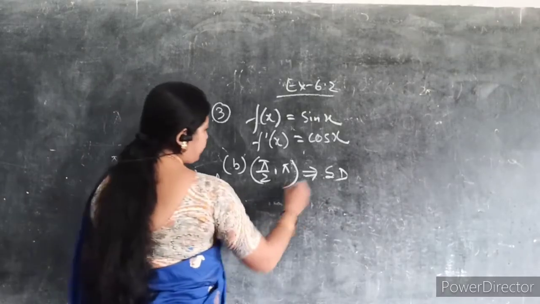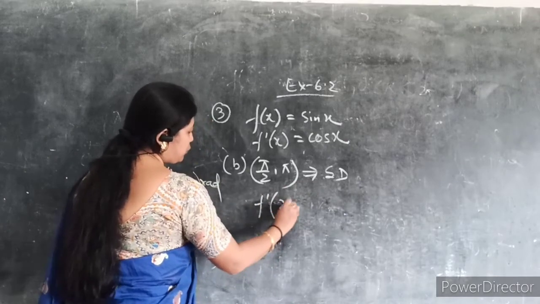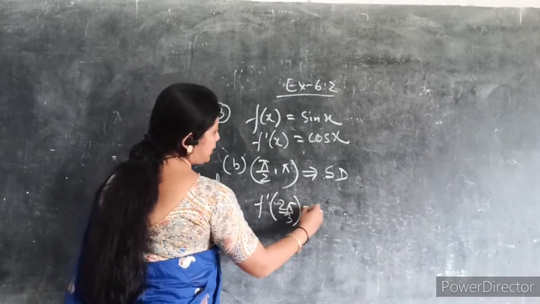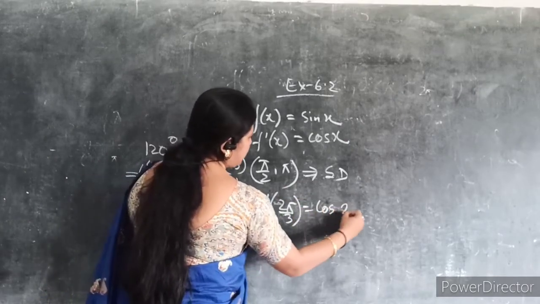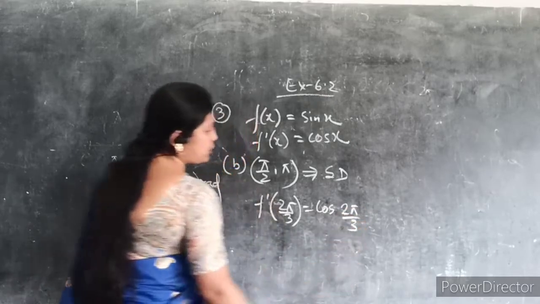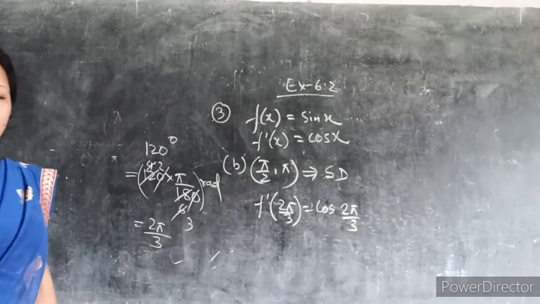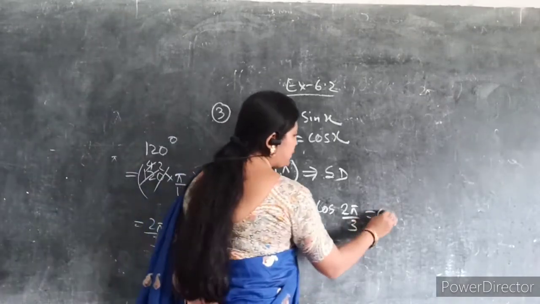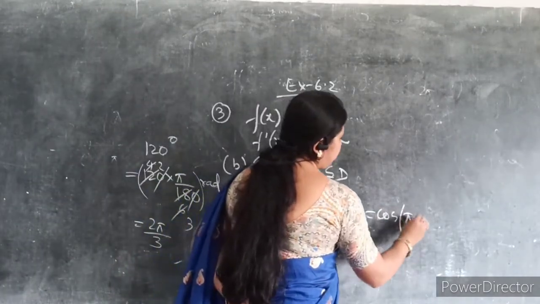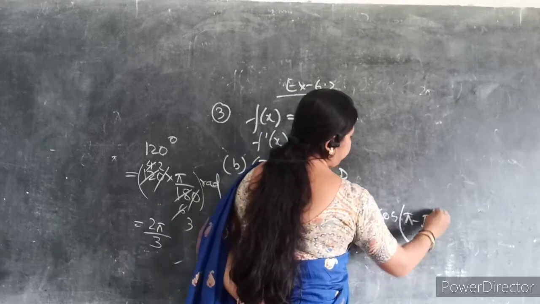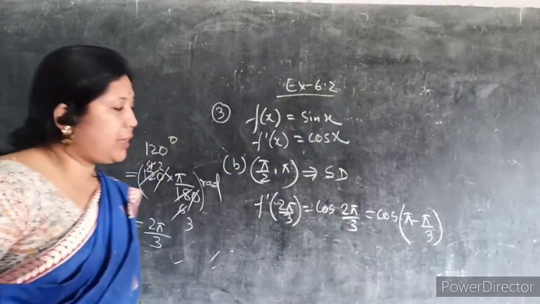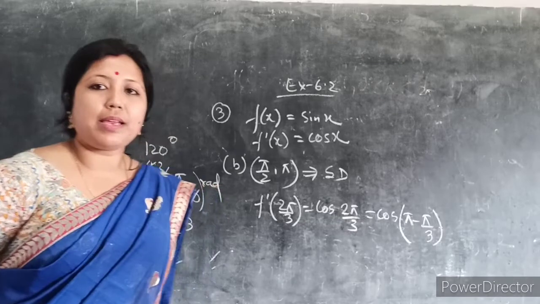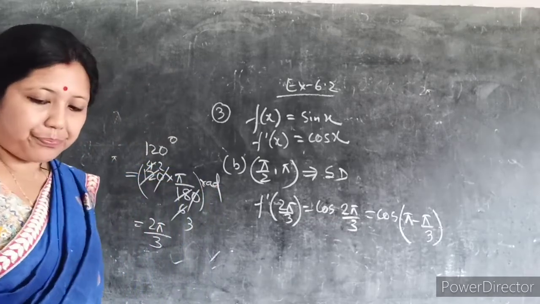So here if you take now f dash of 2 pi by 3, that means cos 2 pi by 3. Now for 2 pi by 3, you have to be very careful how you find the value. Let me write pi minus pi by 3, because 2 pi by 3 can be written as pi minus pi by 3.